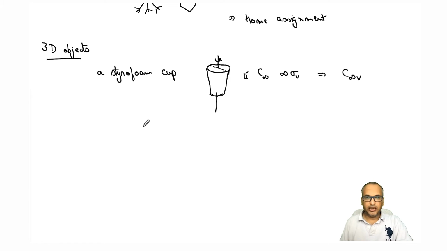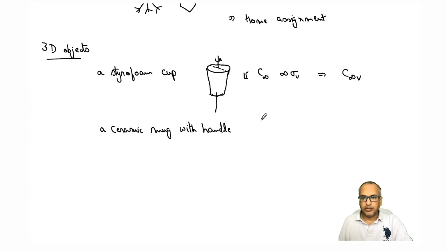So that is easy. Now let's say we add a handle to this. So now a ceramic mug, which you use to drink coffee, let's say, a mug with a handle. How does it look?